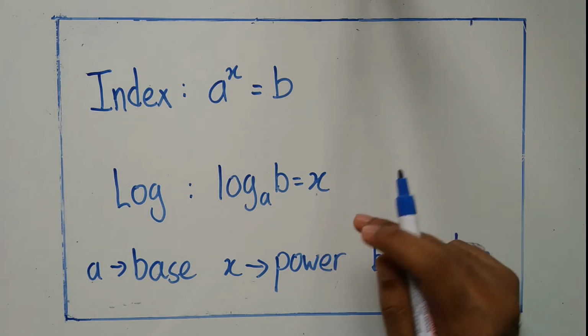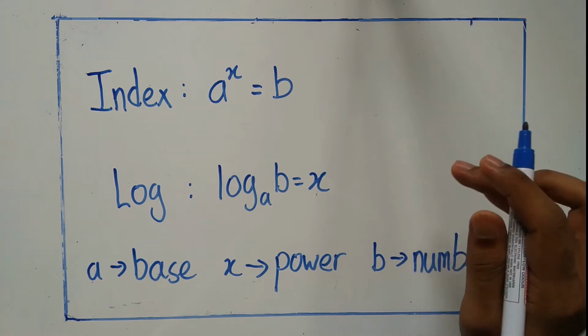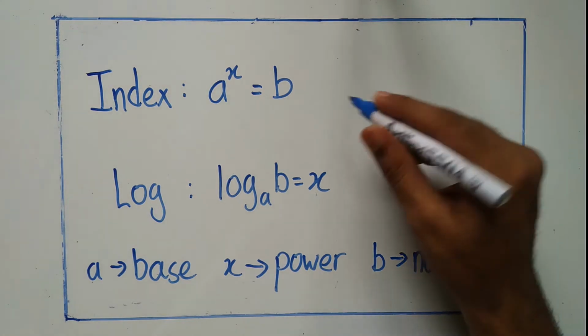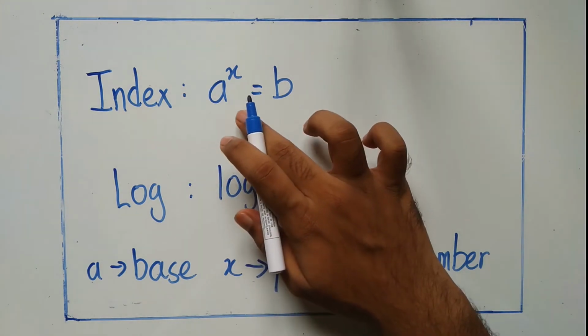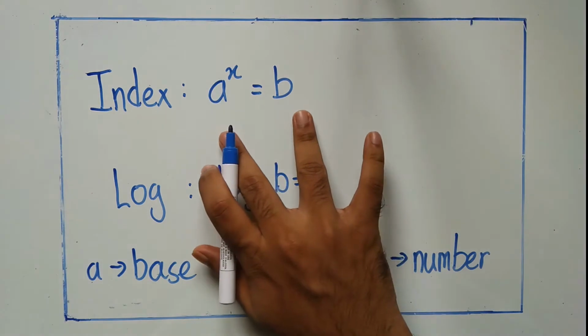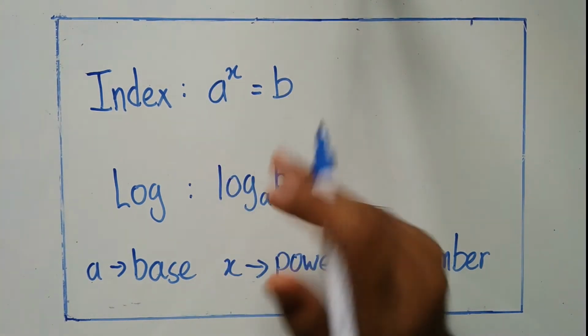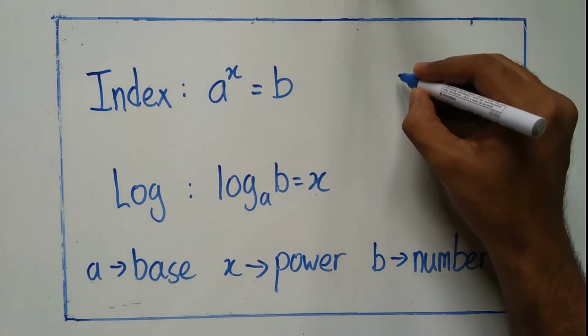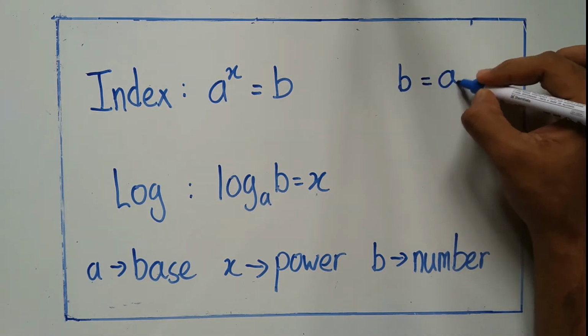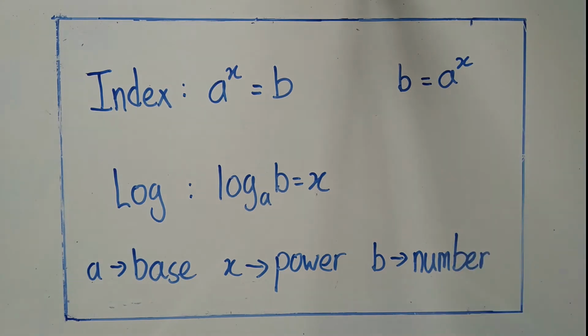To learn how to convert this, I have some tips for you to follow. Say we have a to the power of x equals b. We flip the equation over each other. We get b equals a to the power of x.